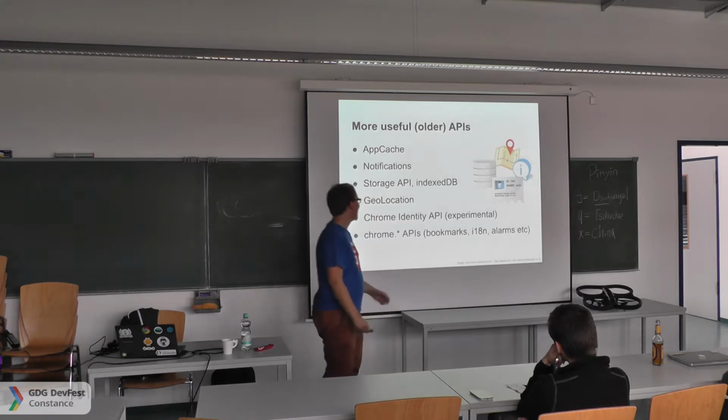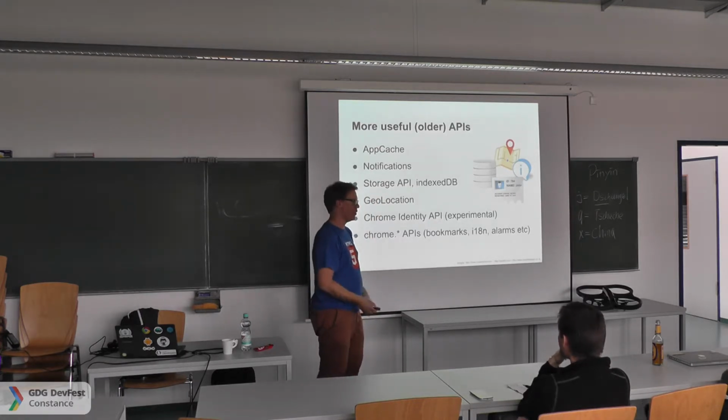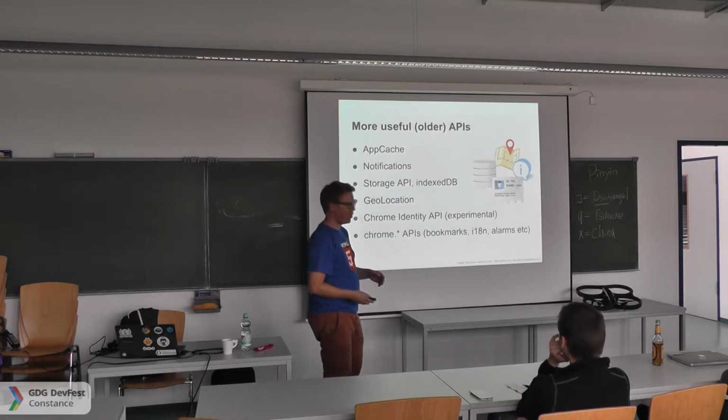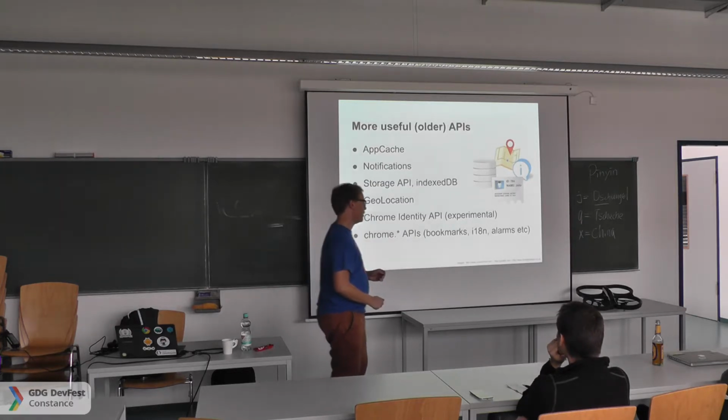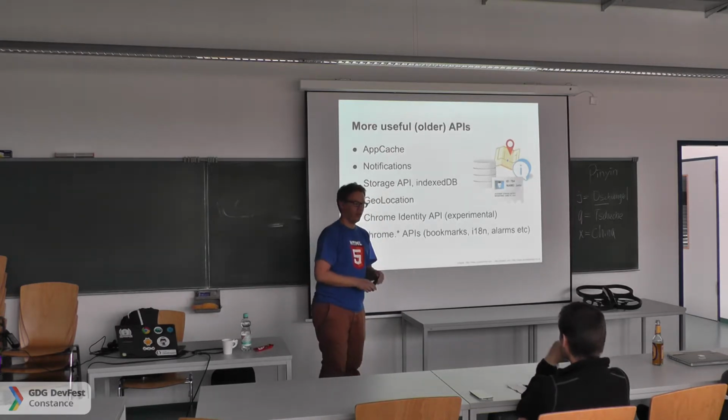So then you have all the HTML5 standard things and a few things that Chrome offers by themselves. So app cache, notifications, storage API. I guess you all heard of them. One interesting thing for me, at least when you write an app, is the internationalization support, I18N. It helps you, if you write from the beginning, to use dictionaries for strings that are user-facing.